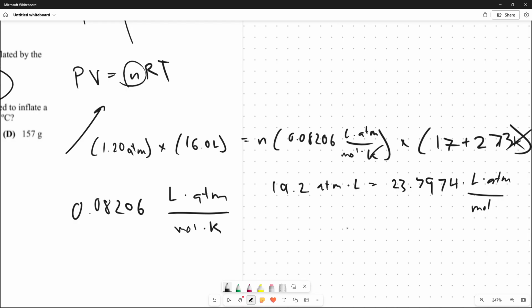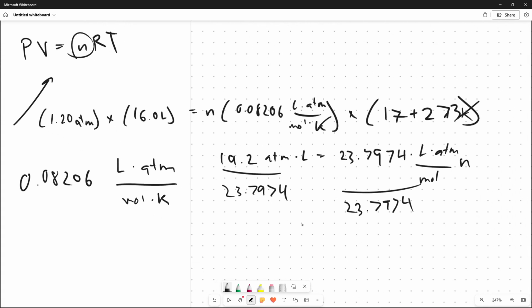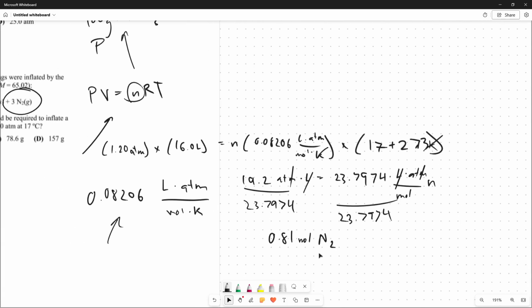As you see, moles is at the bottom here. So when we divide by 23.9474, we have n. atm is going to cancel, liters is going to cancel, and we're going to be left with moles. It looks complicated, and it is, but just memorize this, and you won't have to do all that. 0.81 moles of atmospheric nitrogen is what we end up with.